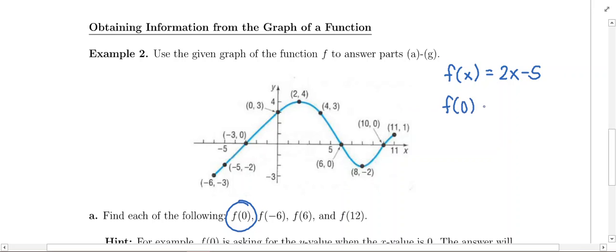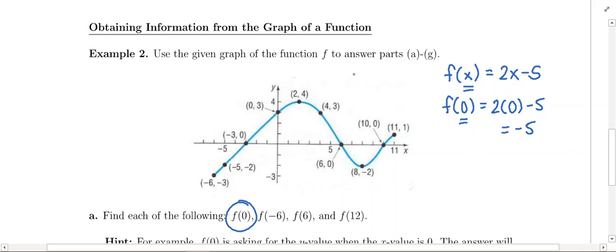So remember what that means. If you have an equation, whatever's in parentheses is your x value. So this would mean go to the formula. Everywhere you see an x, you're going to replace it with 0. So this would be 2 times 0 minus 5, and the answer would be -5.